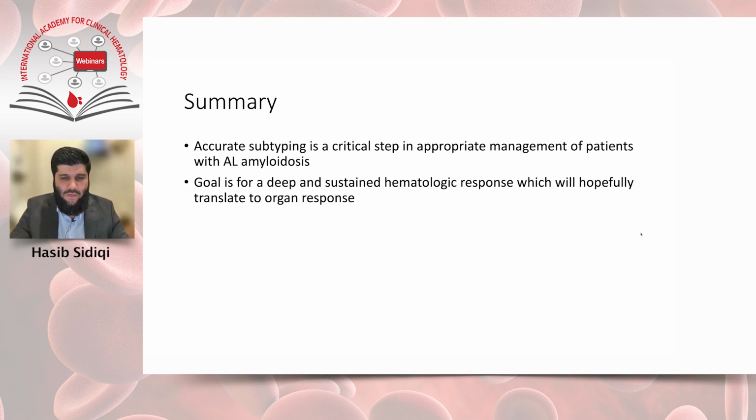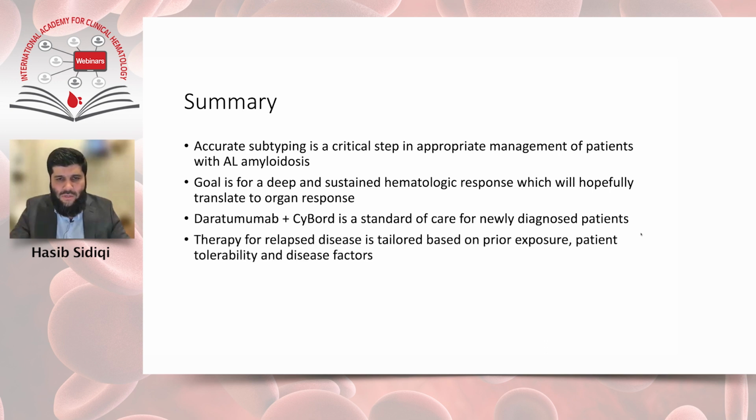We know that deep responses improve survival, and the rates of organ response are significantly improved the deeper our hematologic response is. Daratumumab in combination with CyBorD is a standard of care for newly diagnosed patients with light chain amyloidosis.